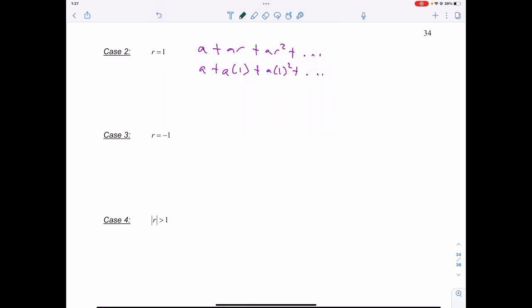We know that this is going to be divergent, which means that the limit as n approaches infinity of s of n does not exist.